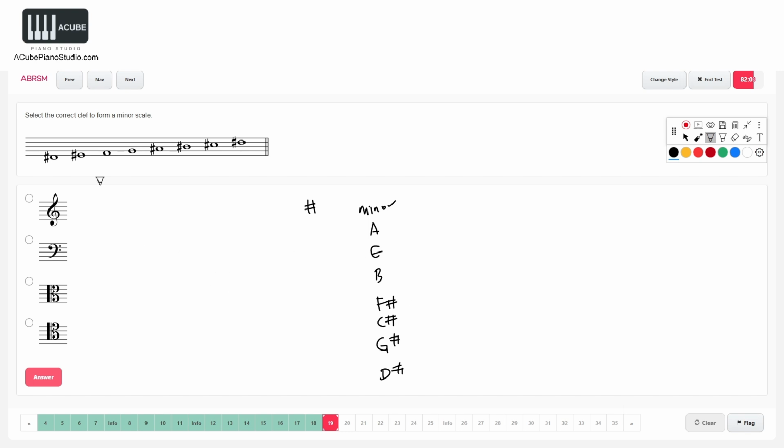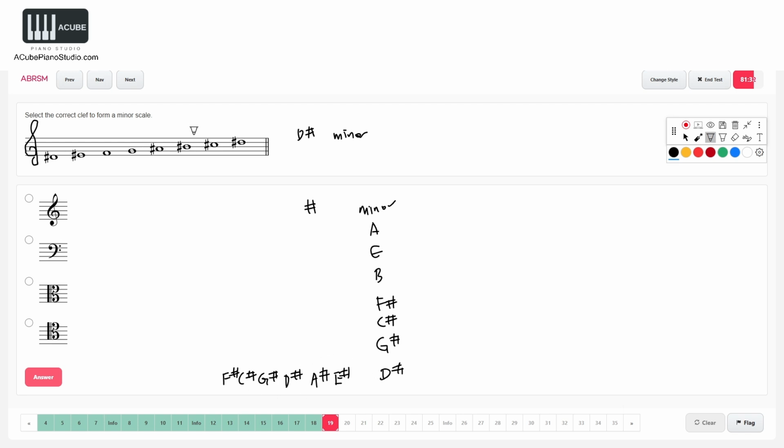So let's look at this. If I were to put a treble clef here, it will be D sharp minor. So for D sharp minor, there are these 6 sharps.